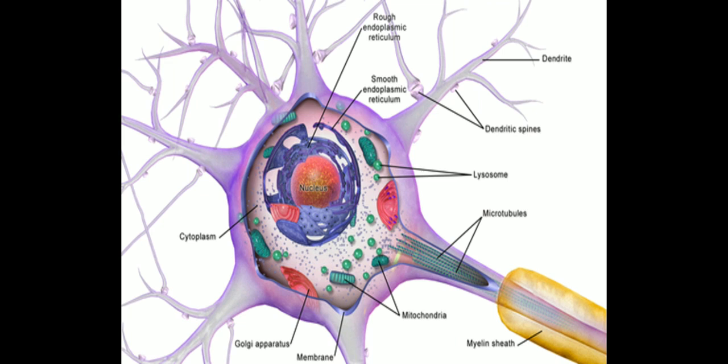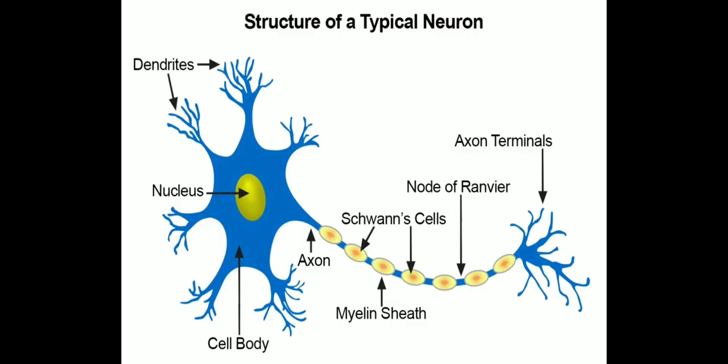If it is single, we call it dendron, but if many branches are present, then we call it dendrites. Their main function is to carry the impulse towards cyton. That means whatever impulse comes to your body first comes to dendrons, and then dendrons pass that impulse to the cell body, and then from the cell body it enters inside the axon.